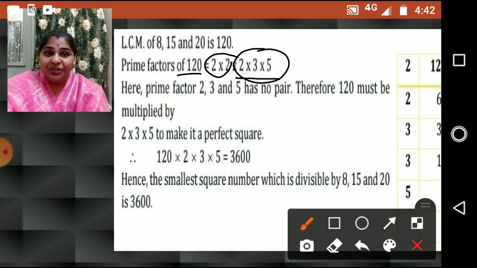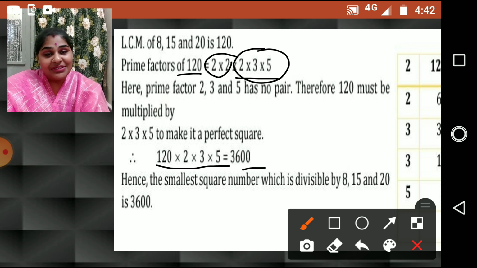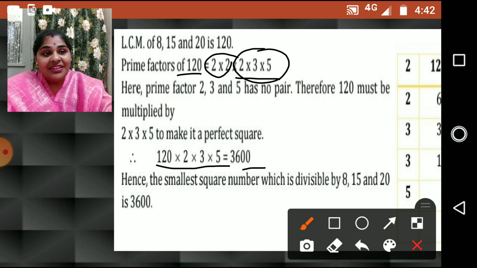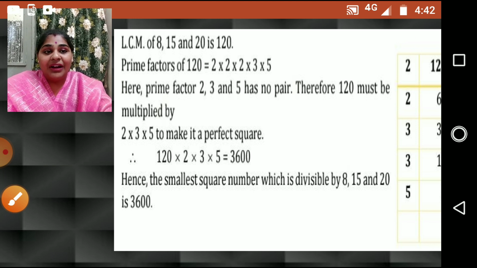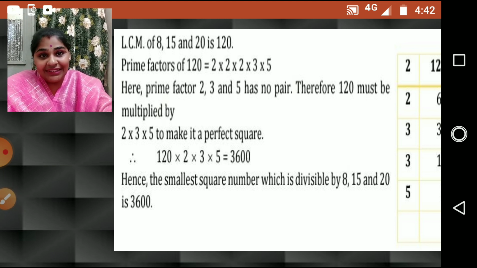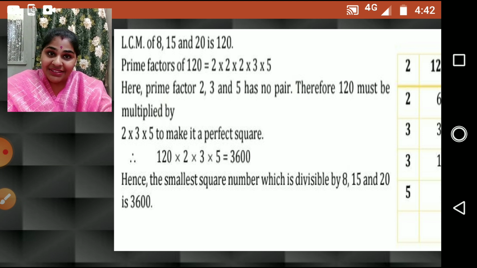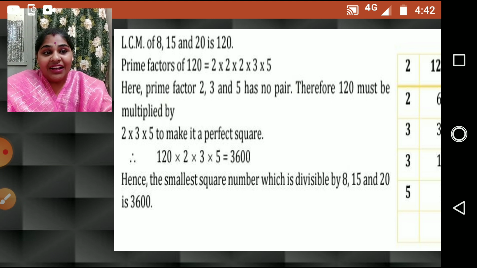Hence 2 into 3 into 5 will be multiplied to 120, that is equal to 3600. So the smallest square number which is divisible by 8, 15 and 20 is 3600. I hope this is understood, children.